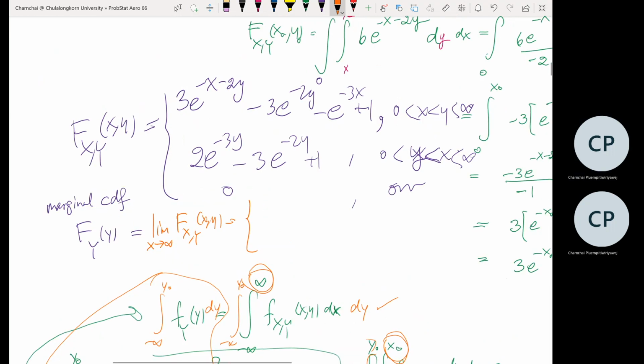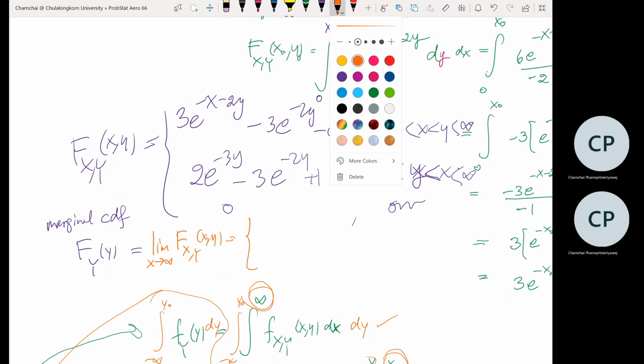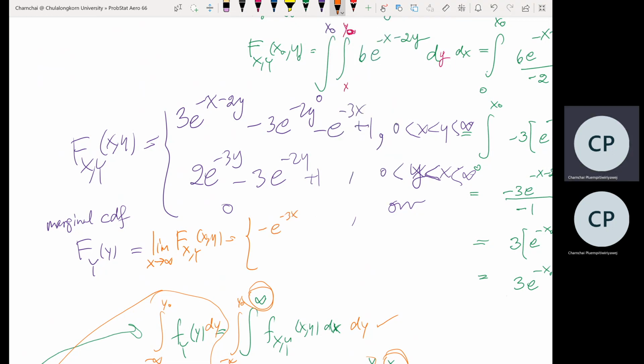The terms 3 e to the negative 2y minus 3 e to the negative 2y cancel to zero, so what remains is negative e to the negative 3x plus 1, and it's equal to 2e to the negative 3y minus 3e to the negative 2y plus 1, and equal to 0 otherwise.